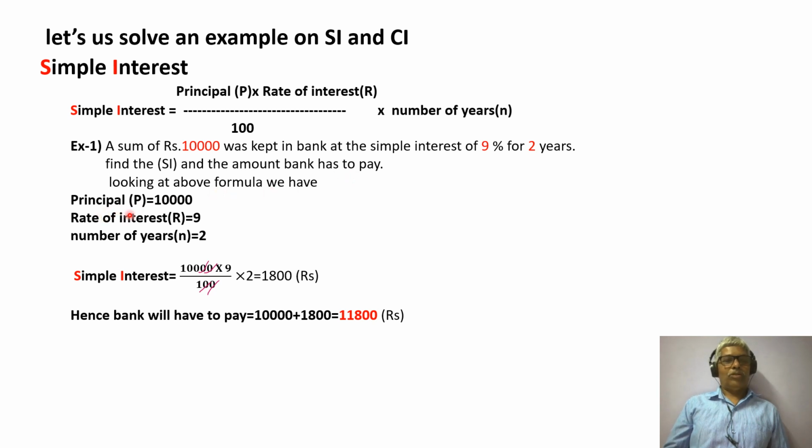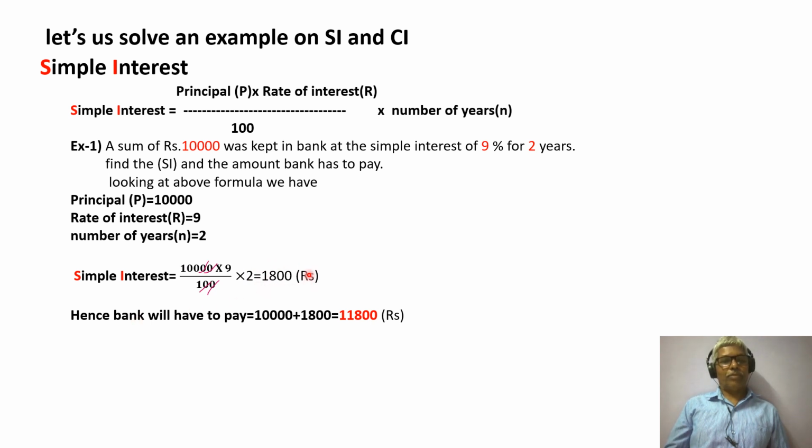Now principal P is 10,000, rate of interest R is 9, and number of years 2. So very simple example. Simple interest formula: principal P into rate of interest R divided by 100 into 2. After cancelling all the zeros, you get 900 into 2 is 1800.